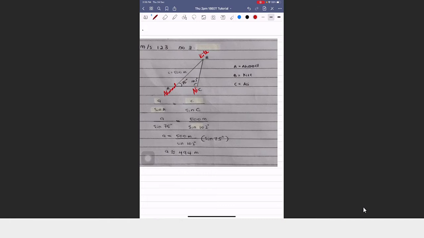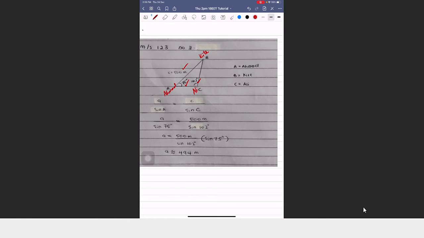That 75 degrees is the angle here, and that 102 degrees is this angle here. And that 500 meters is the length from Ahmad to the kite.